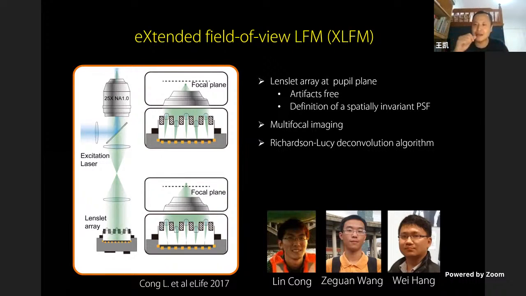Then you can design your light field using that strategy of two different groups of lenses: a low numerical aperture lens to cover a larger field of view at low resolution, and a high NA lens to cover a reduced volume at high resolution.